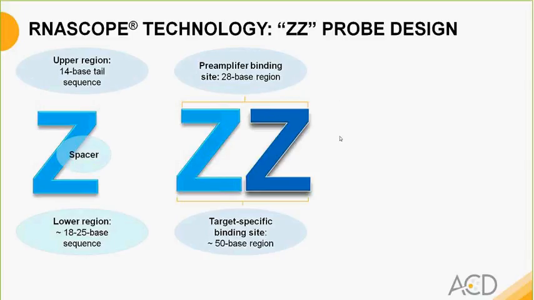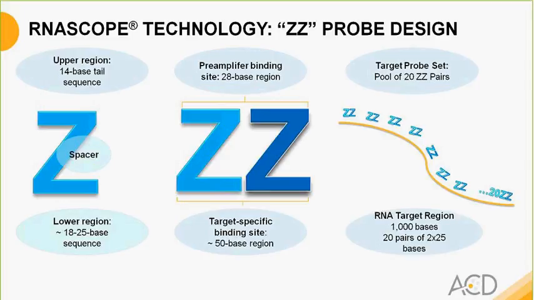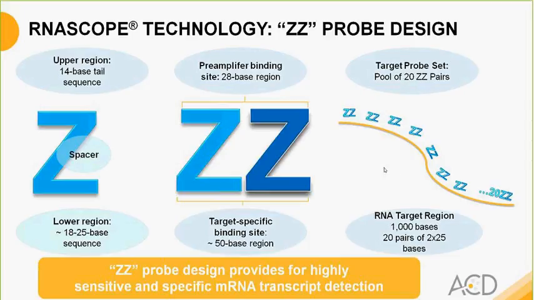The target probe for a given biomarker consists of approximately 20 double Z pairs, which span a target region shown here of about 1,000 base pairs. This double Z probe design is the foundation for the highly sensitive and specific messenger RNA detection technology that is one of the hallmarks of RNAscope.